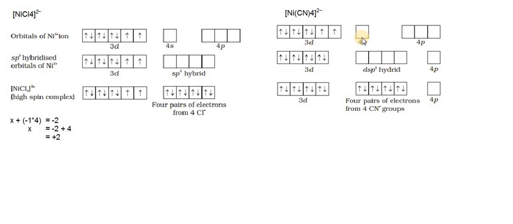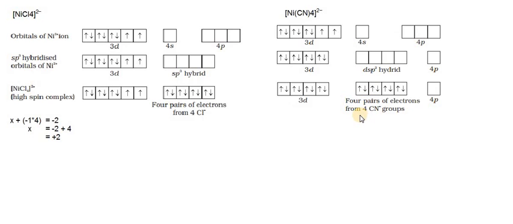And now we have one d orbital from the 3d orbitals, one 4s orbital, and two of the 4p orbitals coming together to give four dsp2 hybrid orbitals. And this particular hybridization has a shape of square planar.